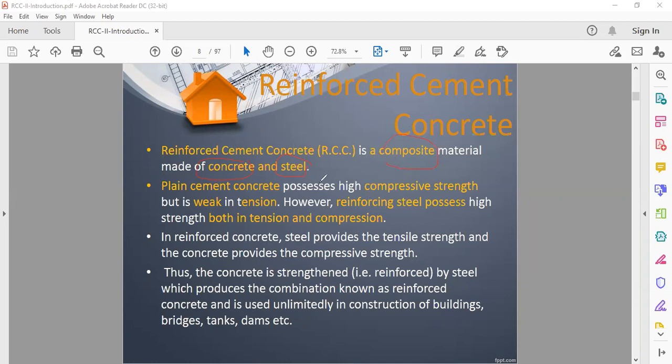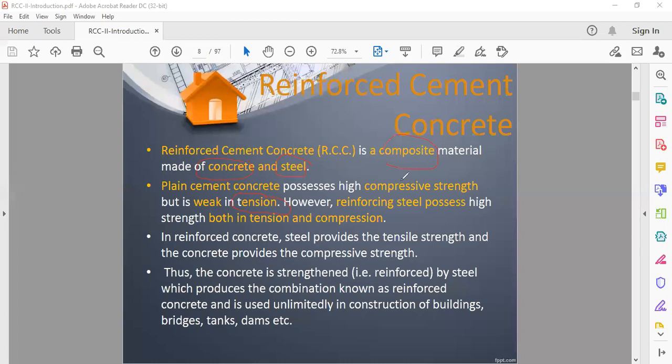Plain cement concrete possesses high compressive strength, but it is weak in tension. Since it is weaker in tension, you will try to overcome that weakness, that particular disadvantage.